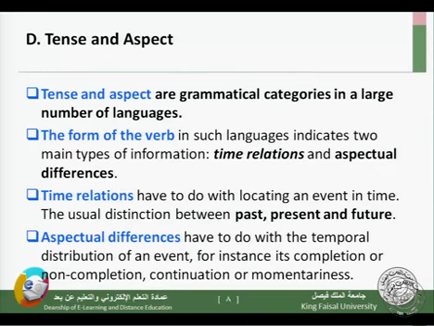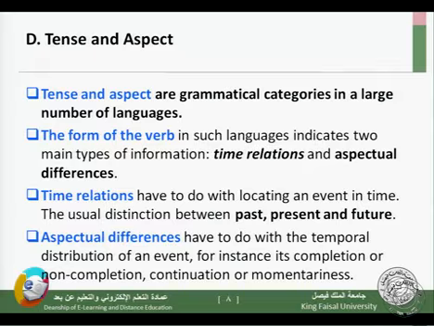Now, this is the tough aspect of grammar. This is the toughest. When we are talking about the grammatical problems, you need to think tense and aspect. Tense and aspect are grammatical categories in a large number of languages. Most languages have this tense and aspect.